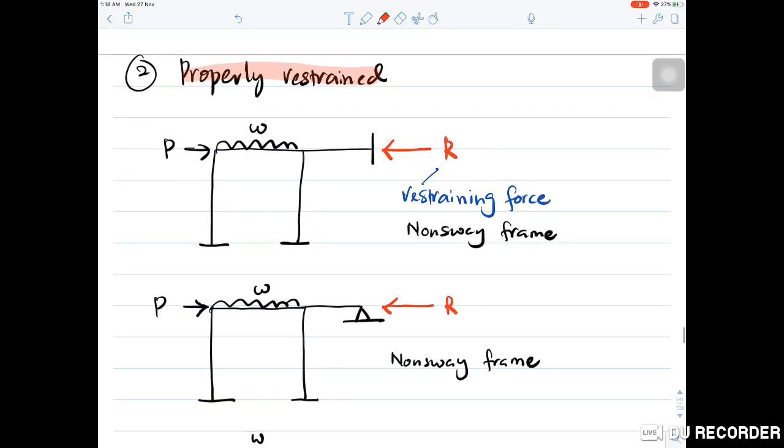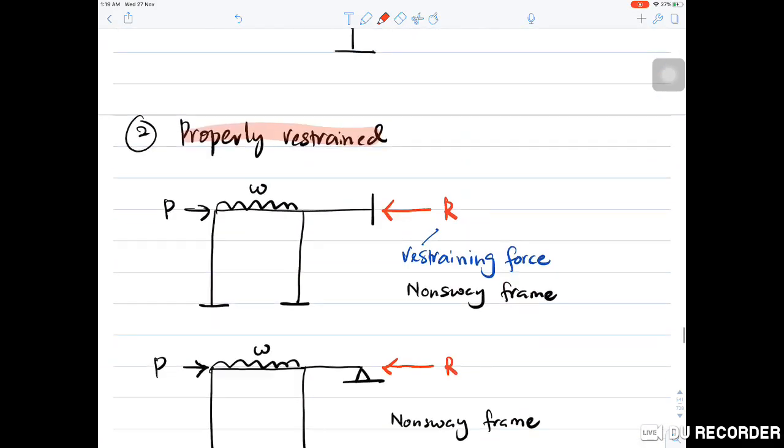Properly restrained means the original frame, without R or without support, tends to sidesway. But due to the support, there is a horizontal reaction which is called the restraining force. Due to this restraining force R, the frame is held from sidesway, so it is called properly restrained.